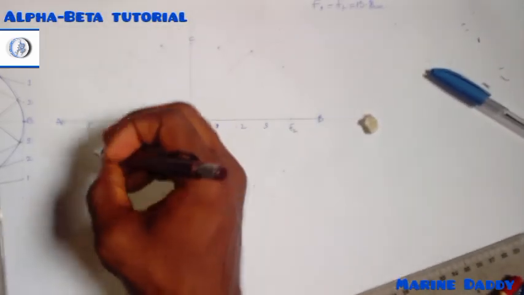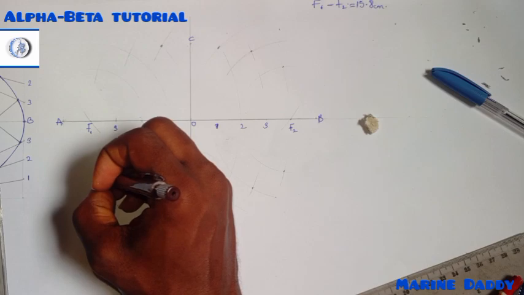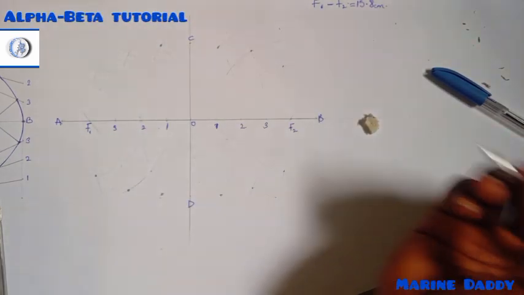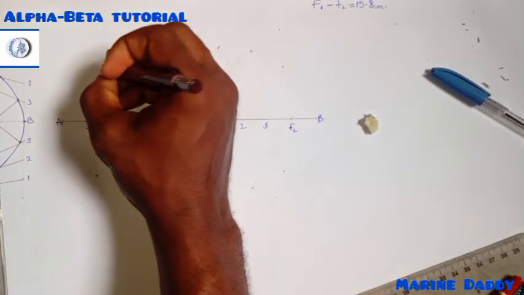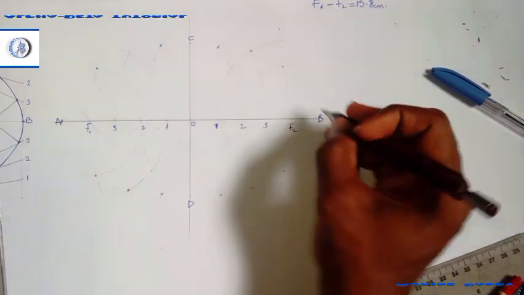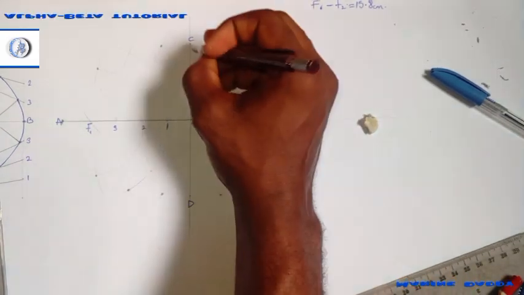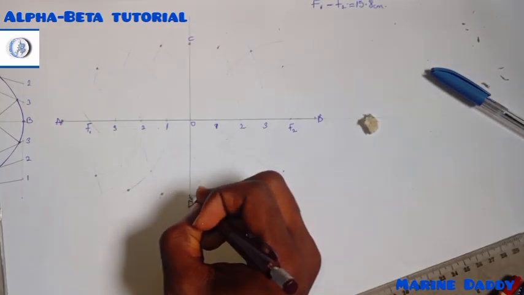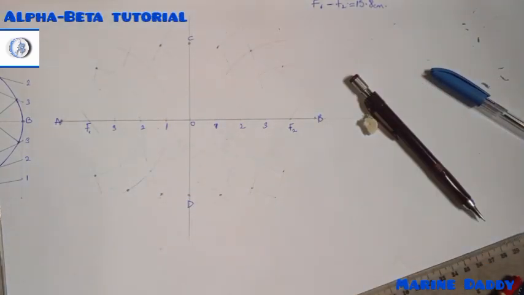We project it out, then the last one here, and the last one here. Then as usual, ABCD is our point. So from here you can construct.